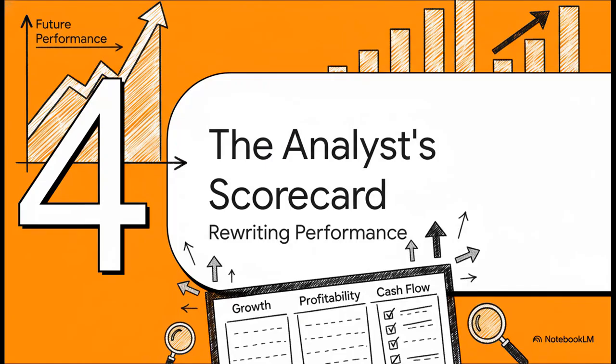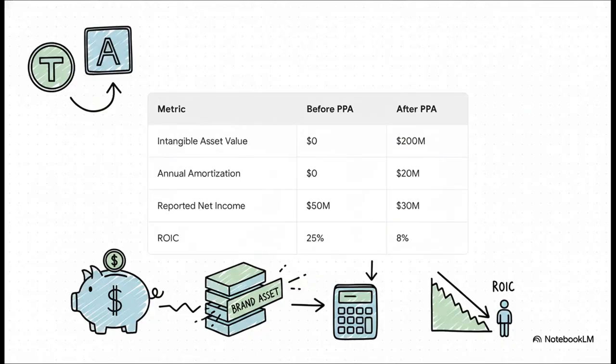And now we get to the most critical takeaway for any of us who analyze companies. All of these fair value adjustments we just talked about fundamentally change how the combined company's future performance is going to be measured and, importantly, perceived by the market. This process creates a brand new scorecard for analysts. Just look at this table. It shows you the direct impact. Before the deal, the target was generating $50 million in profit.